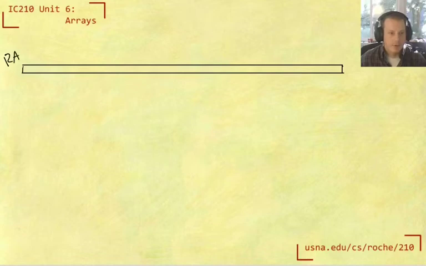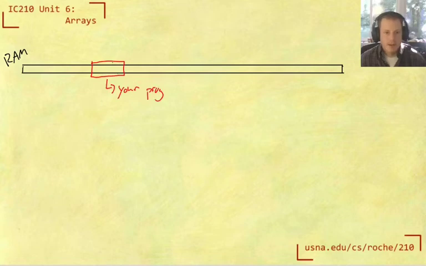And remember from before that we said some segment of this is actually reserved for your program. And in fact, inside your program, the stack space, so you might have some space here for main, like maybe this segment here is for main, and then the stack grows this way. The stack grows down.